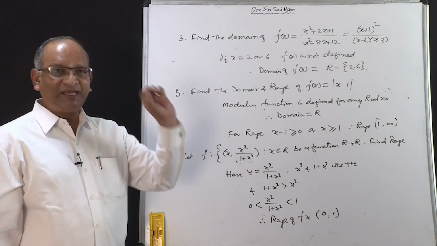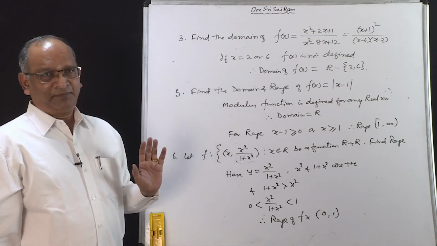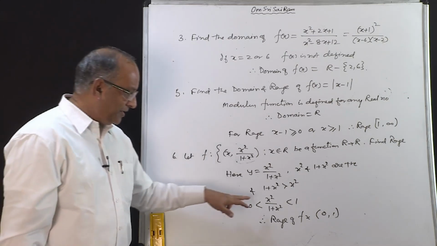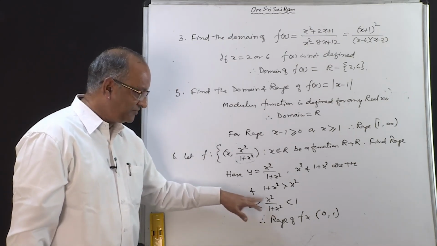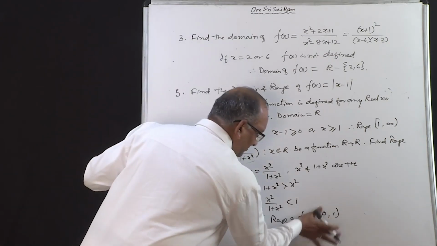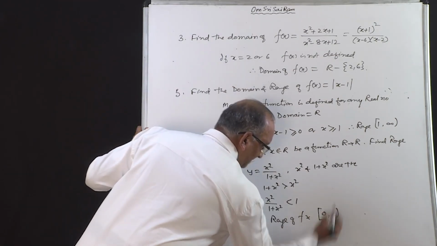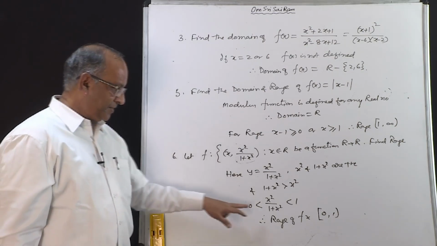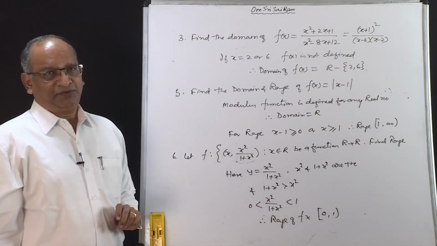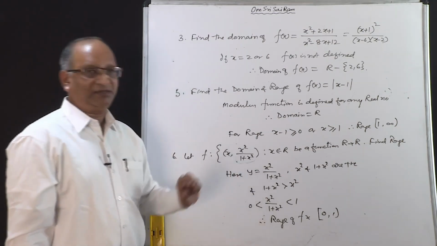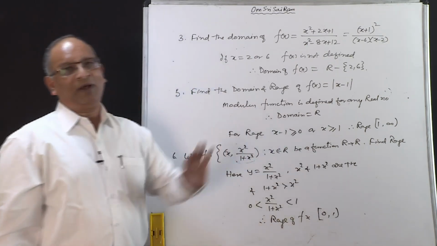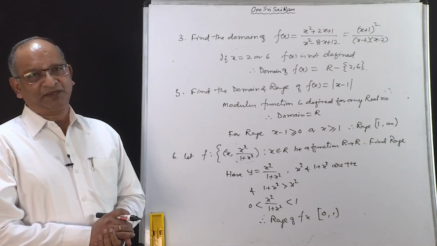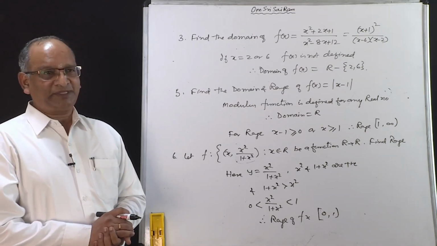The minimum value is 0 only. Suppose x square is 0. So you will have 0 by 1. 0 by 1 is how much? 0. So it is from 0 to 1. That is the range of this particular function. Let us move to the next problem.